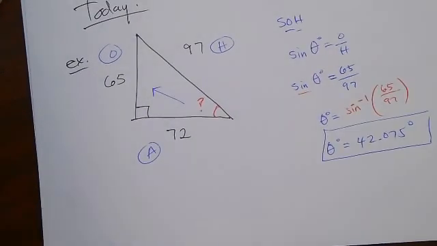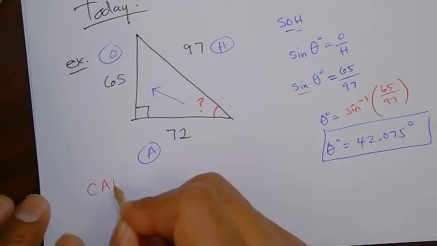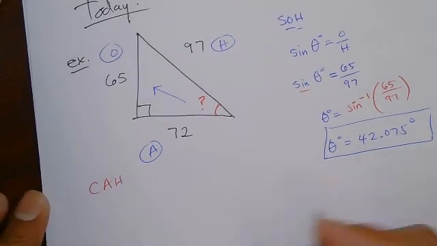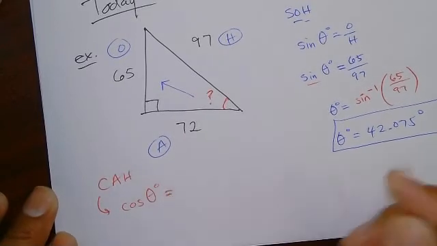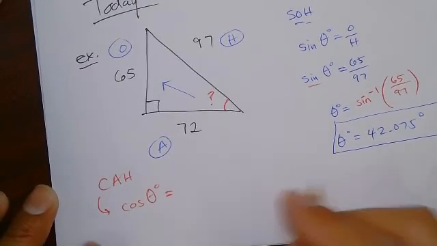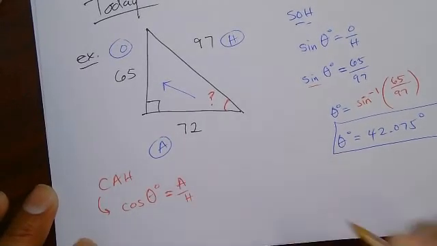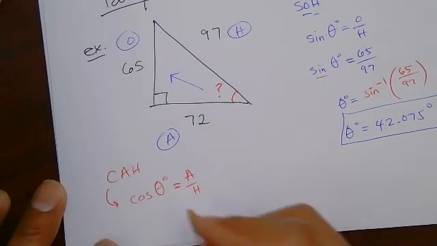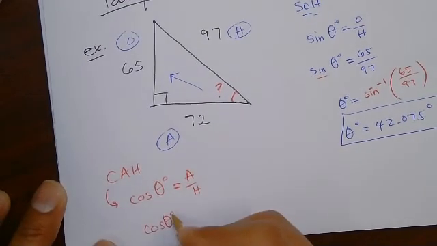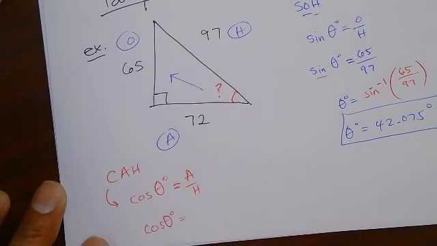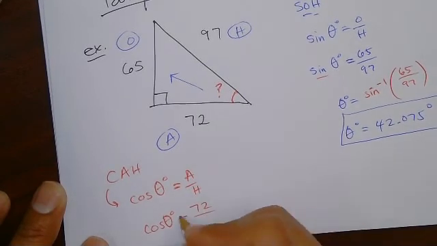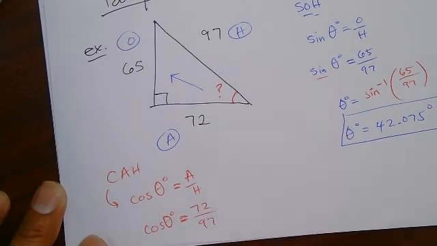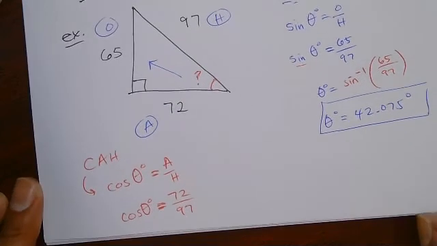Cosine is CAH. That would be cosine of the angle is A over H. Well, that would be cosine of the angle is 72 over, yeah, 97, thank you.